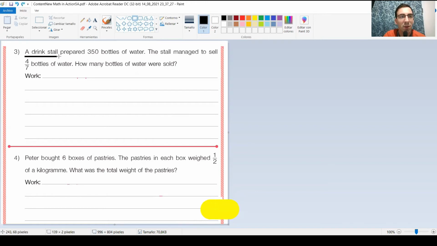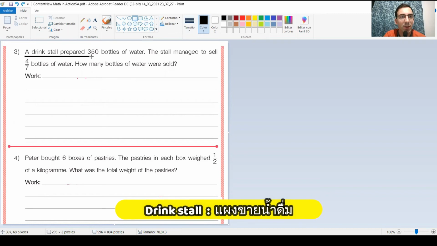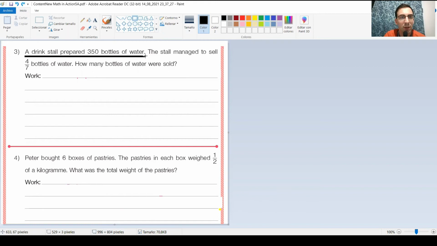A drink stall prepared 350 bottles of water. Okay, a drink stall is a place where they sell drinks, for example, water. So they prepared for sale 350 bottles of water.